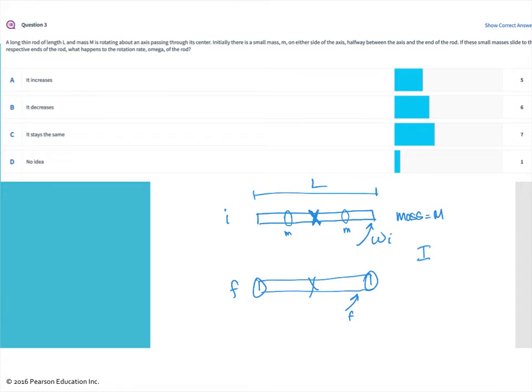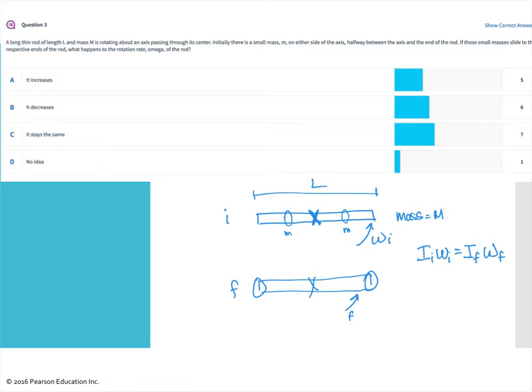So again, we're looking at the conservation of angular momentum. And you have to ask yourself, if I move these masses outward, what's happening to the moment of inertia? This is actually the man on the stool problem in a sense, but backwards.